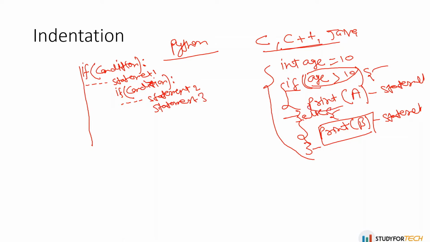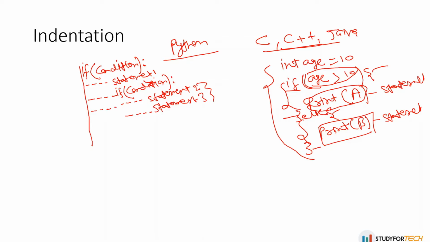Here also I will be having 1, 2, 3 and 4 spaces. And here in advance we already have 4 spaces, so you can see 1, 2, 3, 4 spaces. And then here again 1, 2, 3, 4 and then this 4. So in totality this particular statement has 8 spaces, so that it will come inside this particular if.